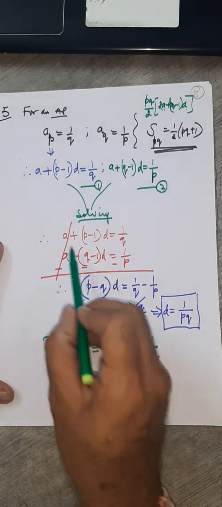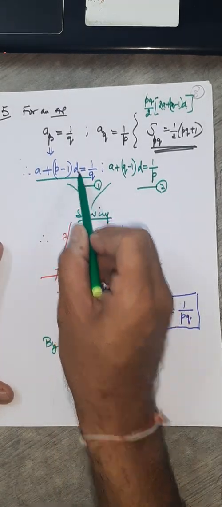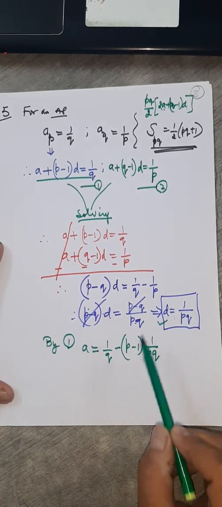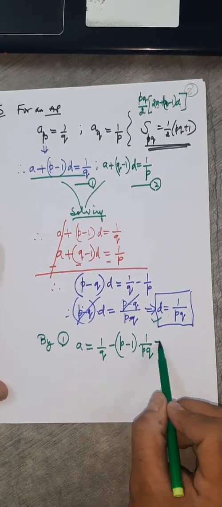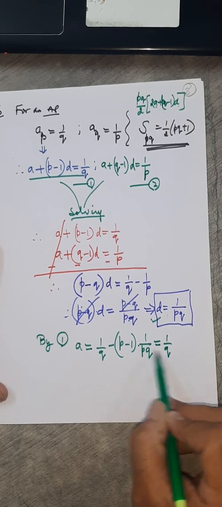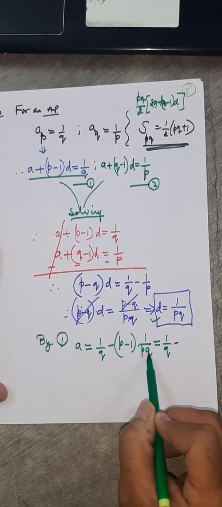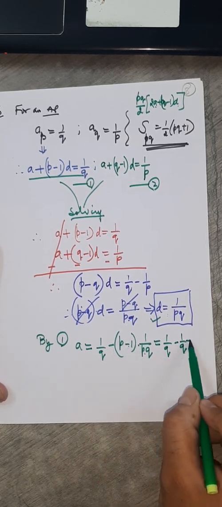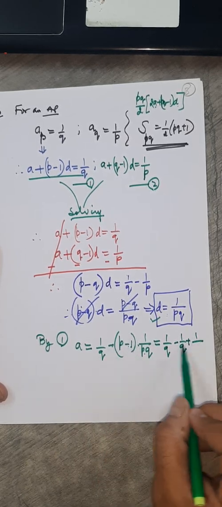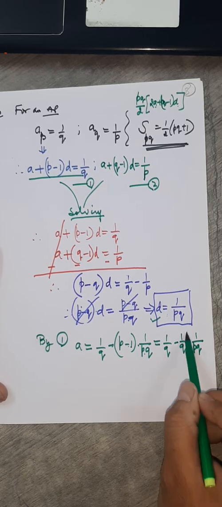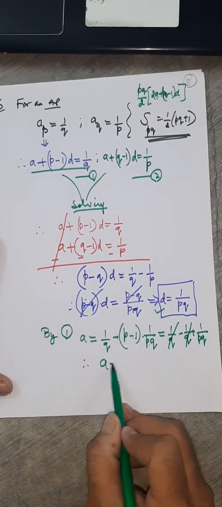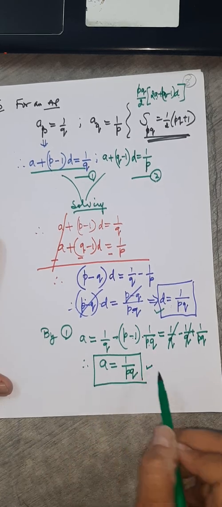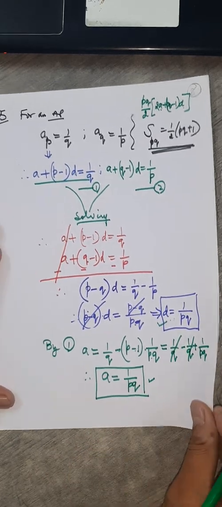In the first equation I have placed D because I want A. We got D, now we want A. So just open the bracket. 1 upon Q as it is, minus P into 1 by PQ will get cancelled, that is 1 upon Q. And this minus will be plus, which is again 1 by PQ. So this will get cancelled. So small a is also 1 by PQ. A is 1 by PQ, and D is also 1 by PQ.